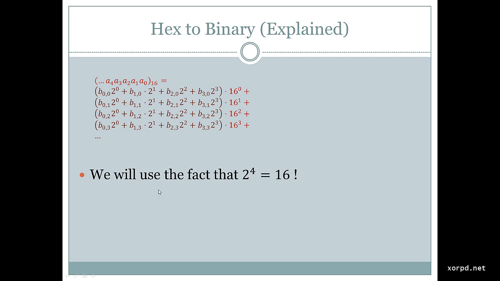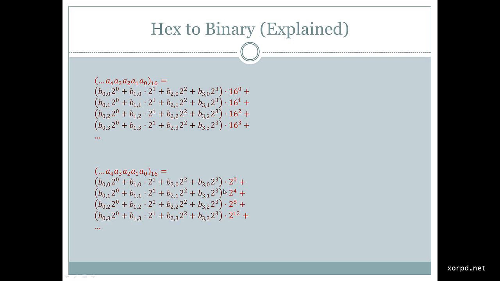Now we can use again the fact that 2 to the 4 is 16, which is going to be useful here because we have all those 16 and we want to replace them with something related to base 2. And we are going to get this new equation. Everything we did is just replace every 16 with 2 to the 4. So we get here the powers 0, and then 4, and then 8, and then 12.